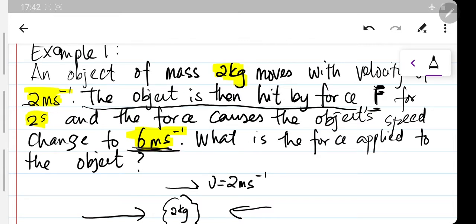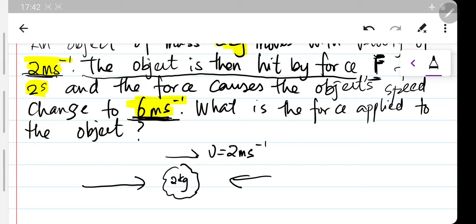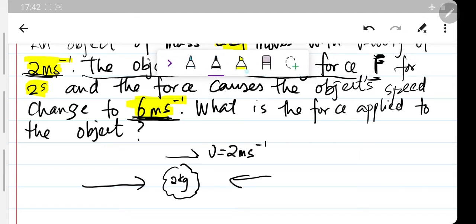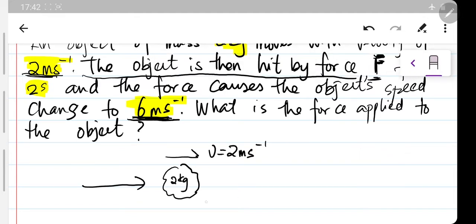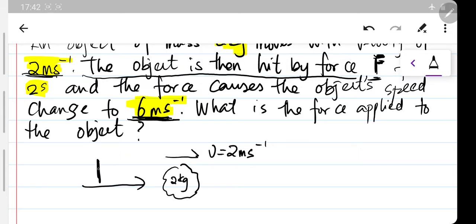Now, moving with 2 meters per second, and then after it was being hit, it moved with 6 meters per second. So what is your conclusion on that statement? For me, because the speed increased after it's being hit, I think the force hit from the same direction. Yeah? So this is the force.